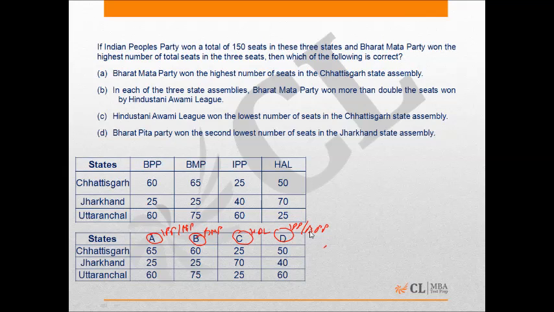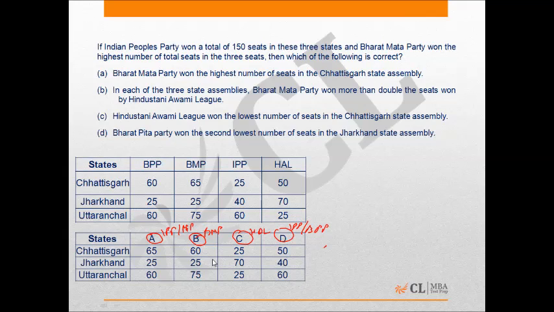Now, if we look at option A here, it says Bharat Mata Party won highest number of seats in Chhattisgarh State Assembly. We see Bharat Mata Party is B, and in Chhattisgarh it won 60, which is not the highest, 65. A is incorrect. In each of the three state assemblies, BMP won more than double the seats won by HAL. We see that in Jharkhand, BMP won 25, HAL 70, hence that is incorrect.